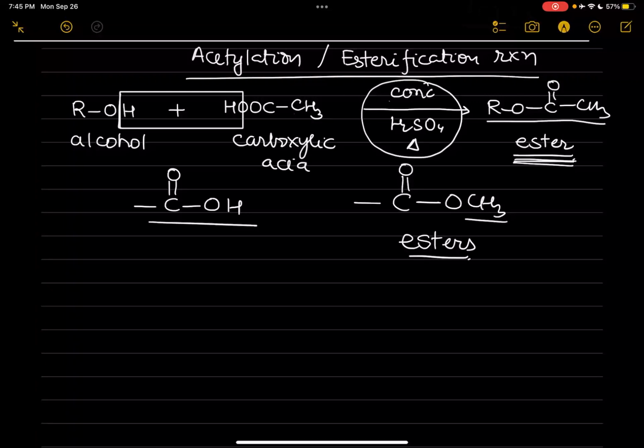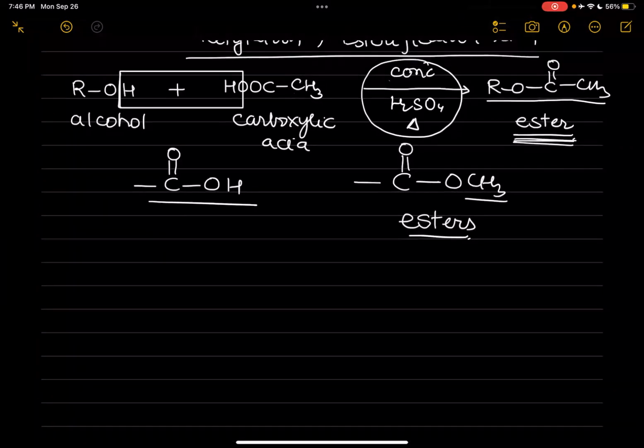Actually, it's very boring to do the reaction in the laboratory because you don't see anything, just liquids. But when ester forms, you will automatically know that it is an ester because you will have a sweet, fruity smell everywhere in the lab. So esters have a fruity smell.